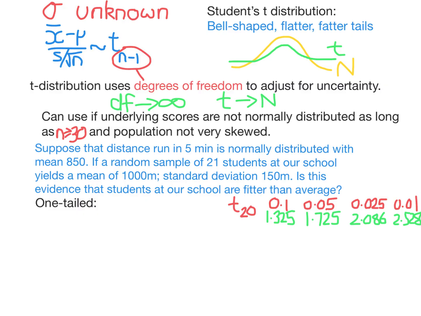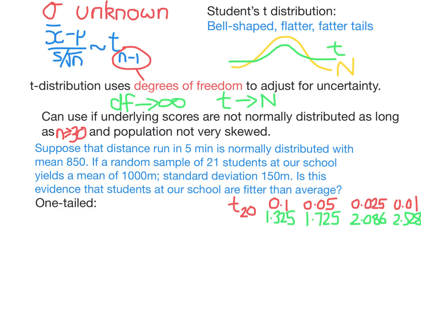Now this little n-1 here is referred to as degrees of freedom. When we're dealing with t, we're dealing with the mean. If you have n observations and I tell you, say, the mean is 20, the first n-1 observations can be any number you like. However, the last observation, if you know the mean, is fixed.